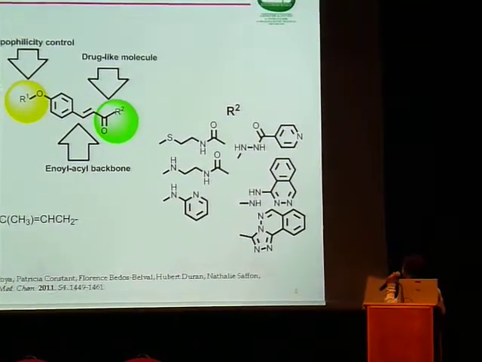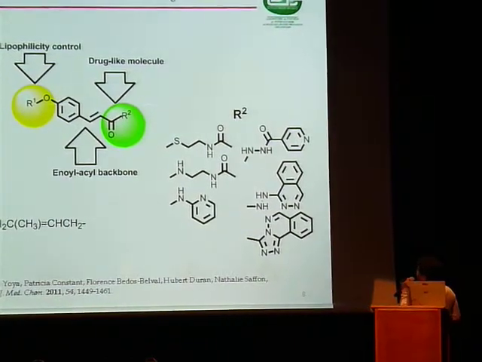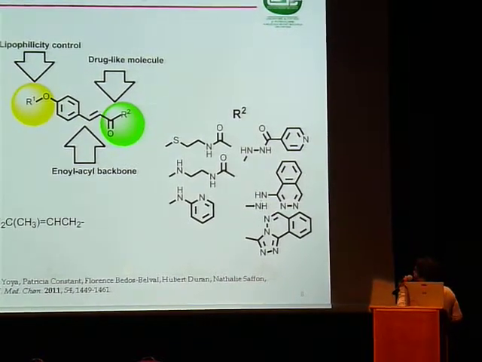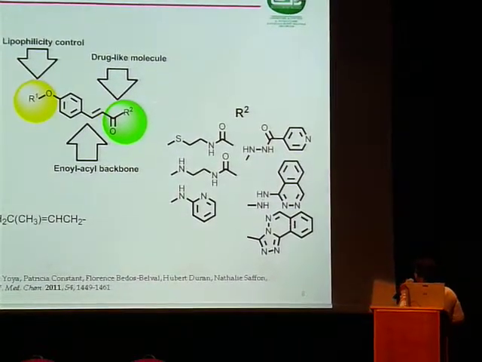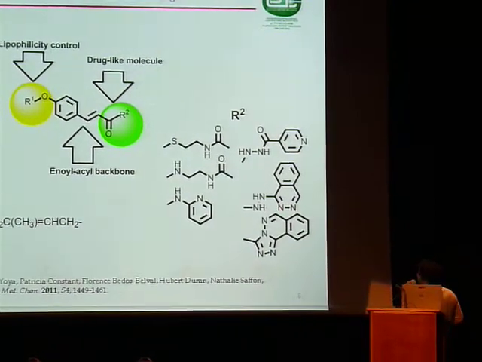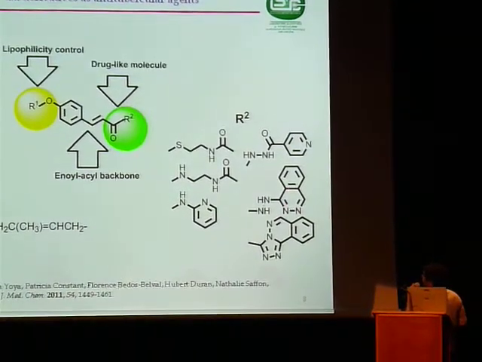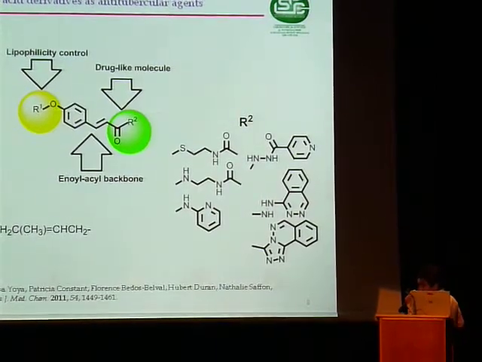Isoniazid is a well-known antitubercular drug. Hydralazine is an antihypertensive drug. And this triazolophthalazine was obtained serendipitously, just by heating the hydrazide derivatives.